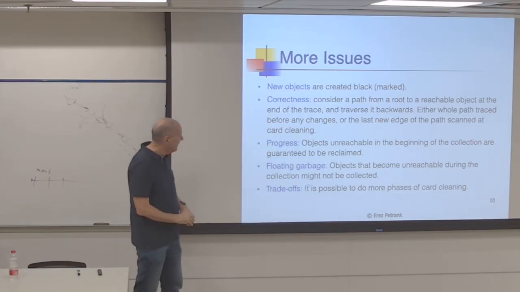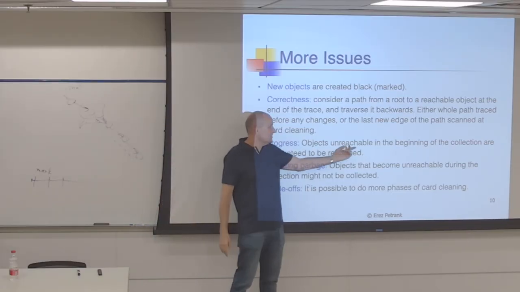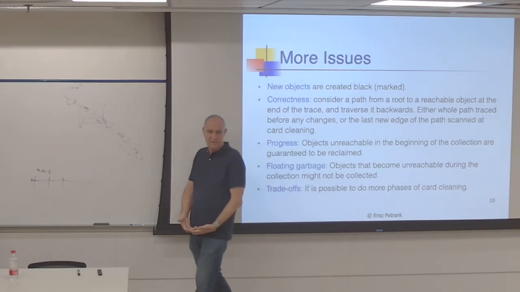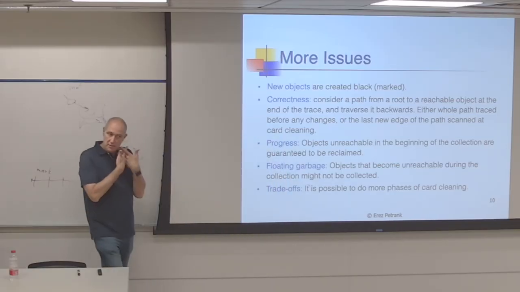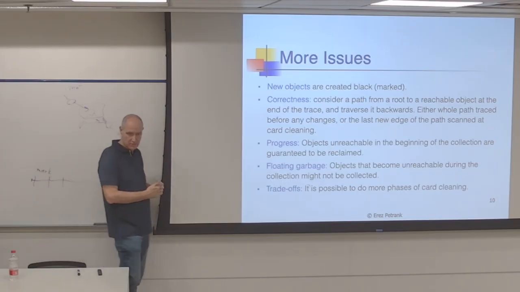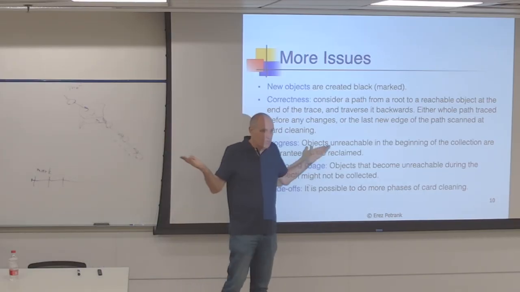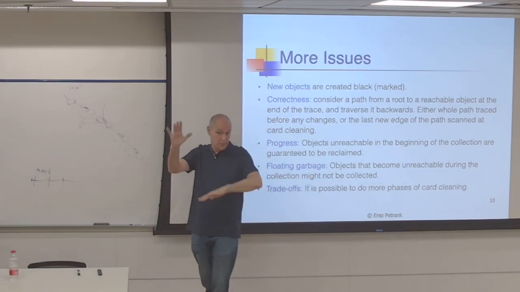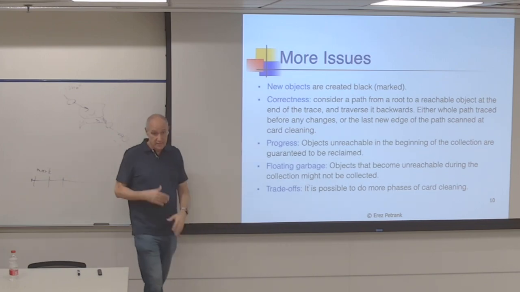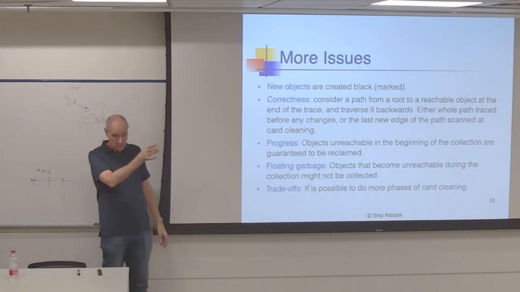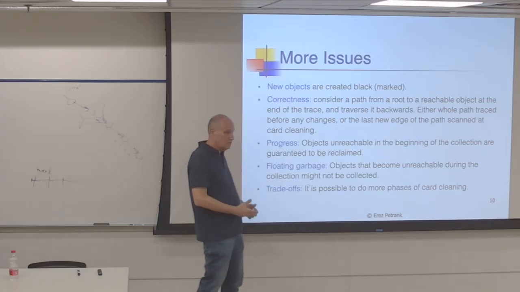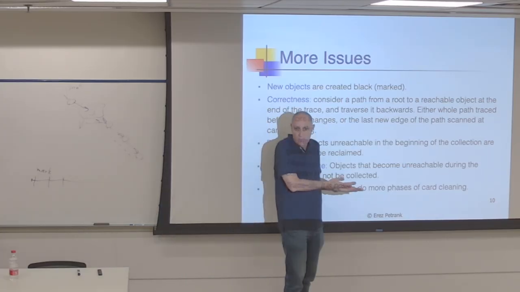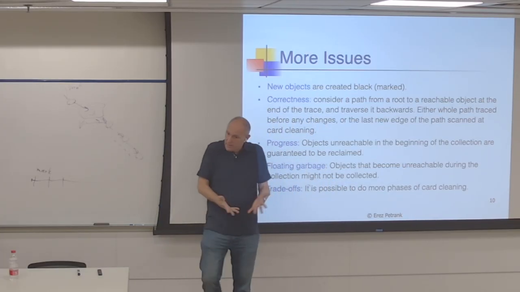So correctness is fine. Progress: if there is something that is unreachable before I start the marking, there's no way that I'm going to mark it, right? What do I mark? I mark things that I find reachable by traversal, and then things that become reachable when I change pointers. But if something is not reachable from the start, there's no way I'm going to mark it.